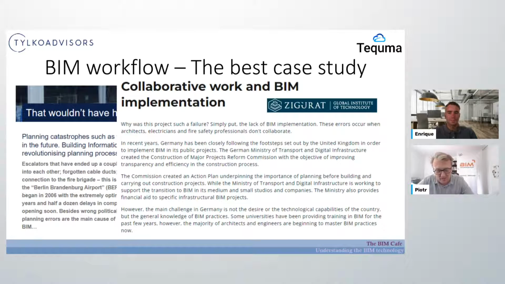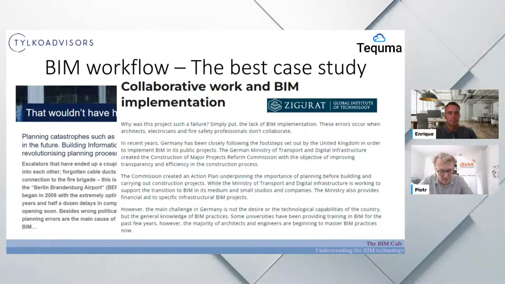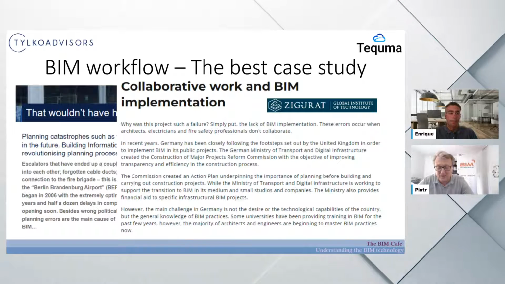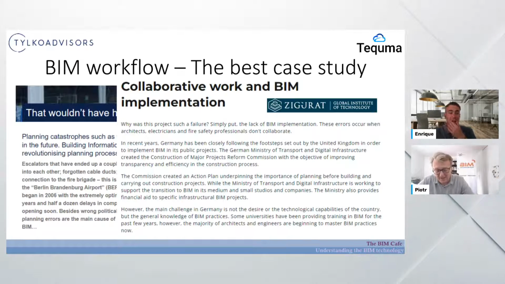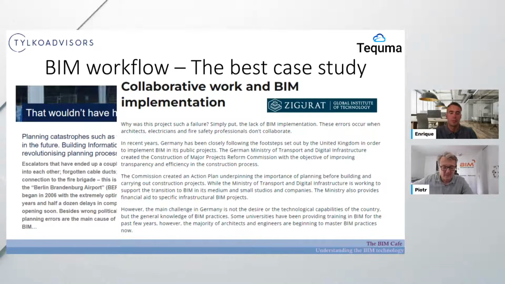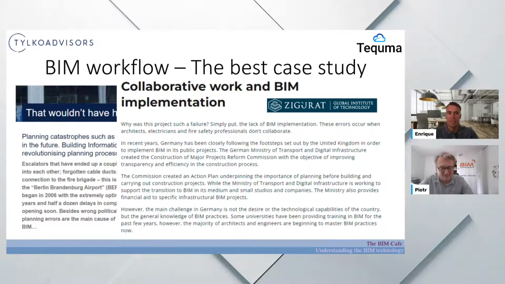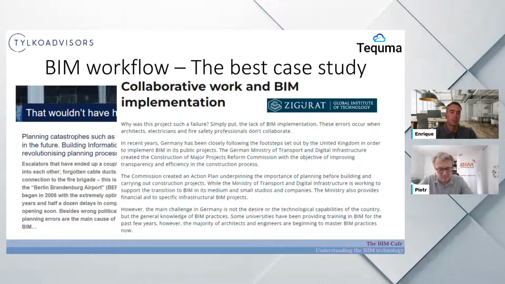It's not only the system, the platform, but there are so many different things related to it. Of course, the coordination, but it's also the number of people who need to understand it completely. Remember, this is one of the main barriers, no? The lack of BIM understanding is one of the main barriers to the implementation of BIM, and also the difference in knowledge between the technical team and other stakeholders of other parts of the company.